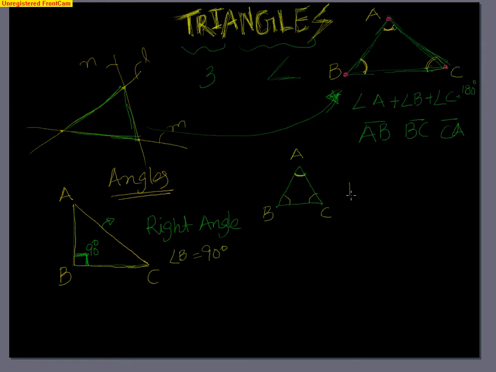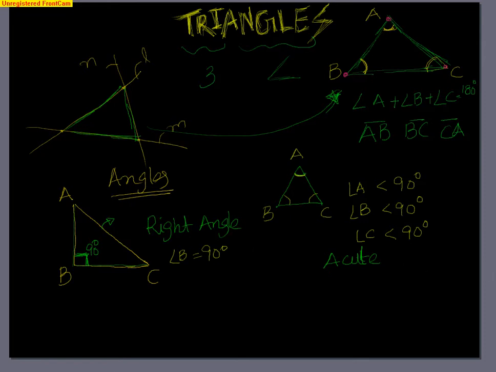Here angle A is less than 90, angle B is less than 90, that means it's between 0 to 90, right? If you have three such angles in the triangle, then this triangle is known as acute triangle. What is this triangle? Acute triangle. This is known as an acute triangle, right?